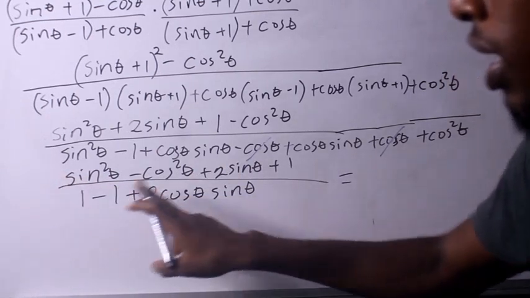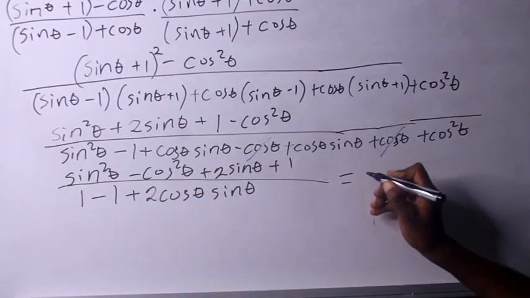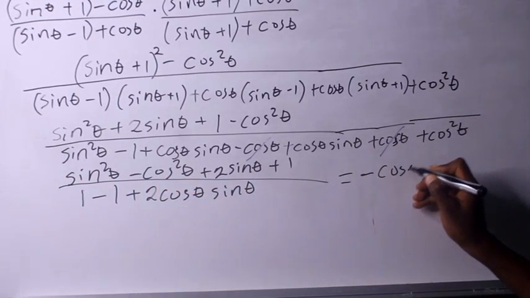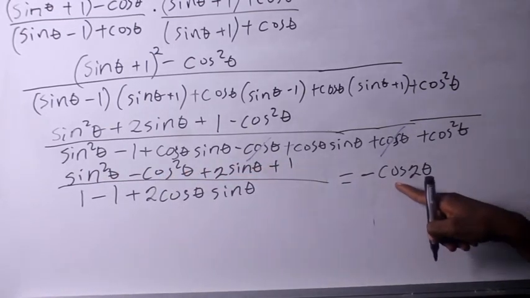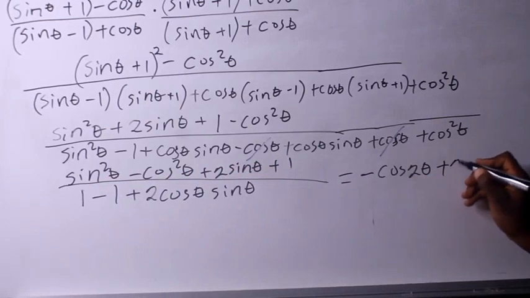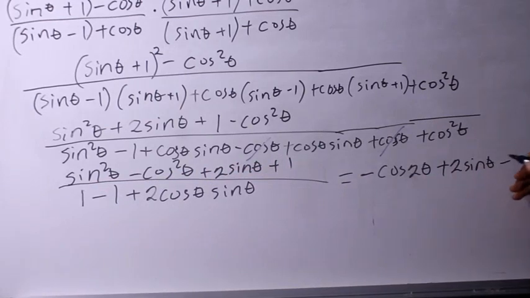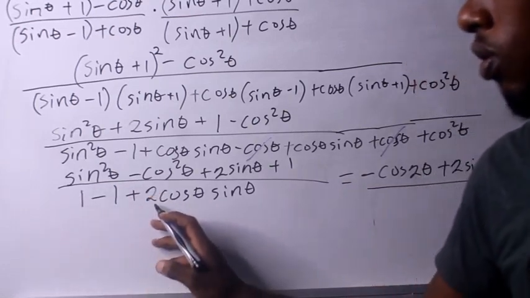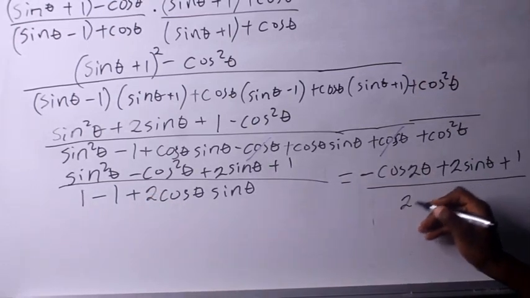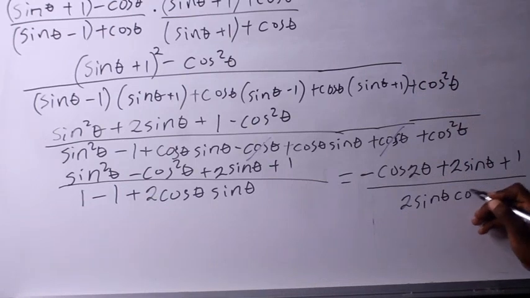So sin square theta minus cos square theta is minus cos 2 theta. This is an identity. Sin square theta minus cos square theta is minus cos 2 theta plus 2 sin theta plus 1, all divided by, now this one and this one are going to cancel out. We just have 2 sin theta cos theta.